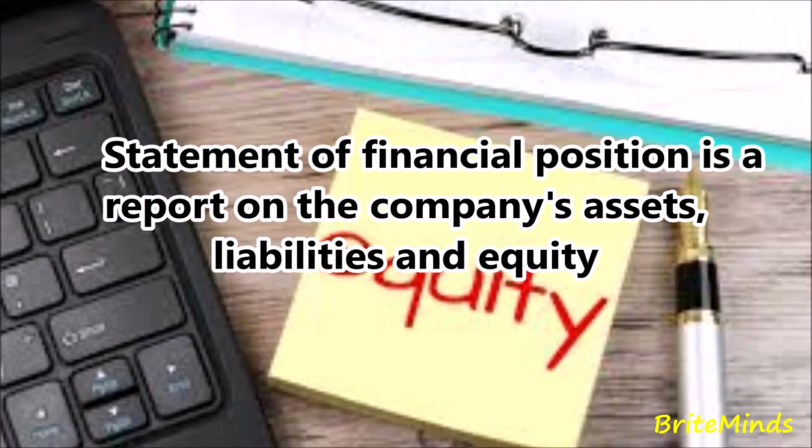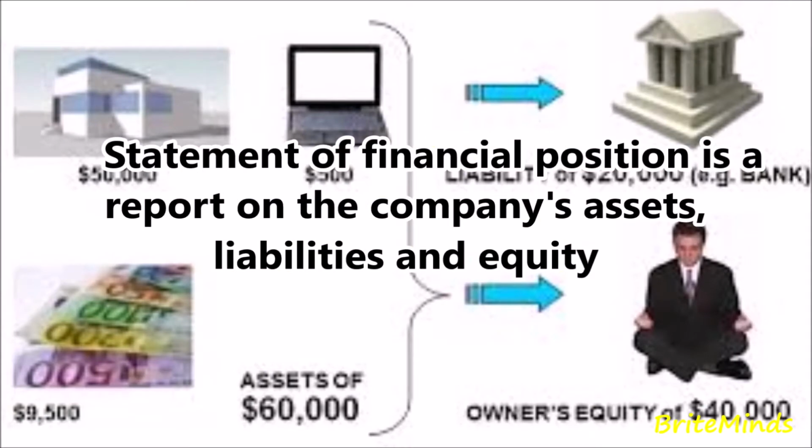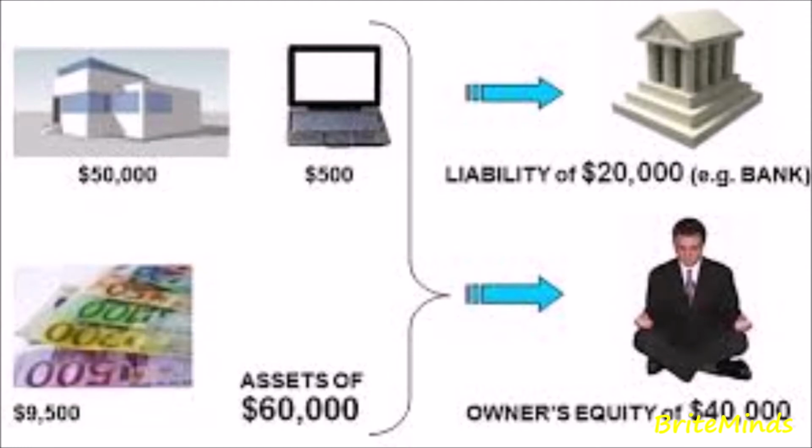Recall that the statement of financial position is a report on the company's assets, liabilities, and equity. The equity component shows the claim of the owners in the company's assets, and these equity accounts hold particular interest to the readers of the financial statements and also for the owners of the business.